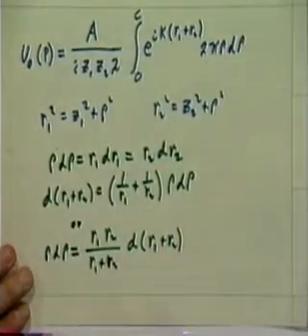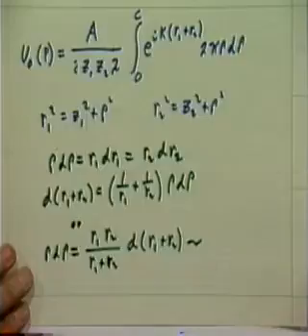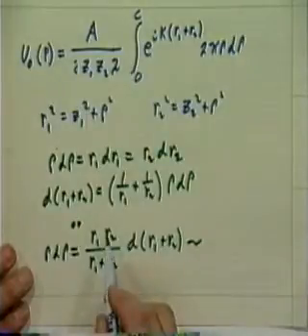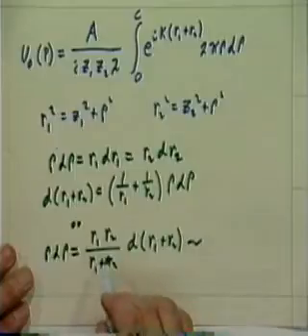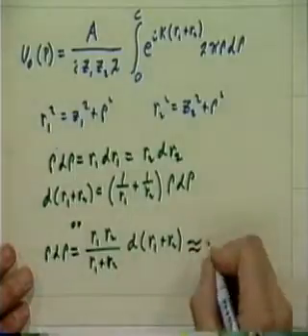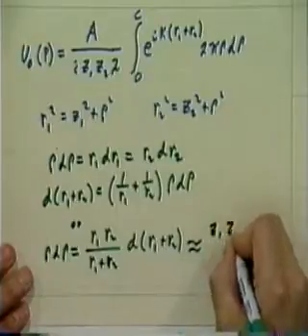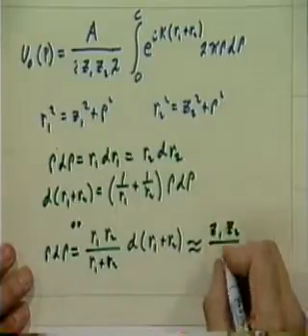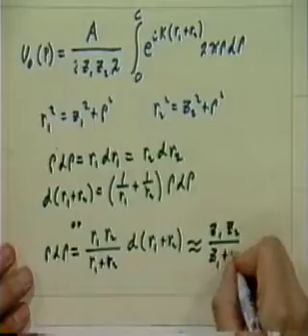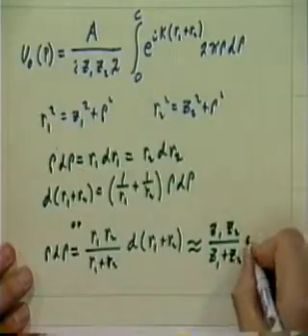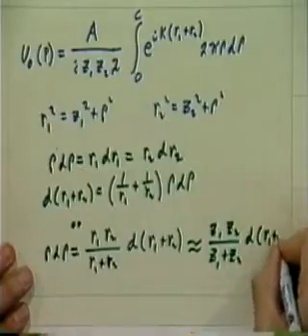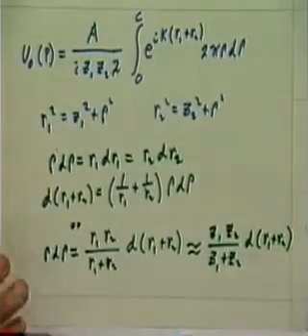Now we're going to approximate here that R1 and R2 are almost Z1 and Z2. So this is approximately equal to Z1 Z2 over Z1 plus Z2 d(R1 plus R2). Okay?